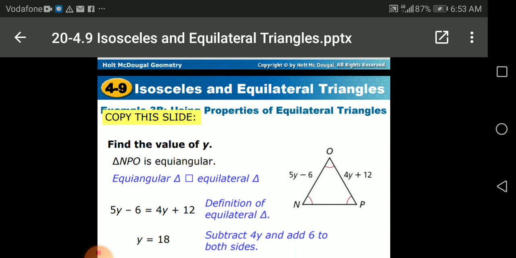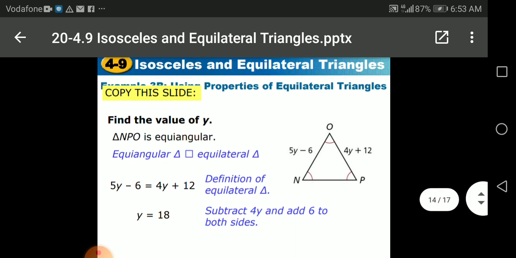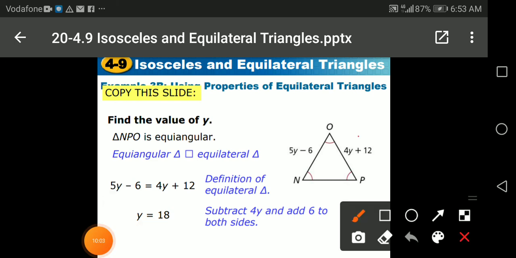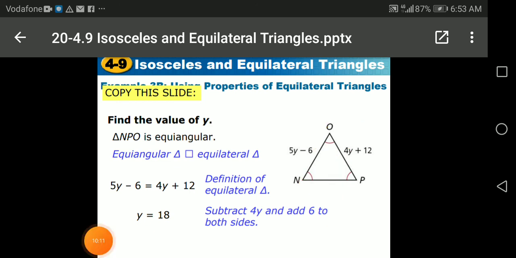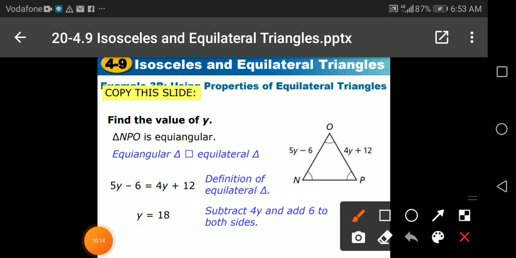And about this one, here is an equilateral triangle. Therefore, the three sides are congruent. He gives me the sides with expressions. So it's very easy. 5y minus 6 is equal to 4y plus 12.